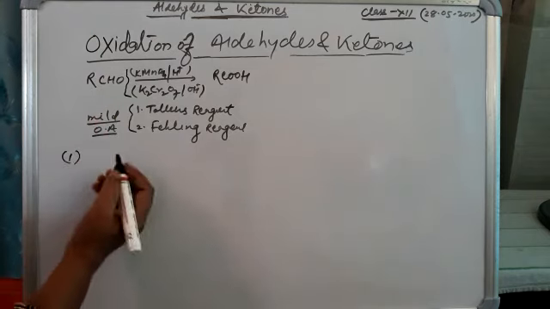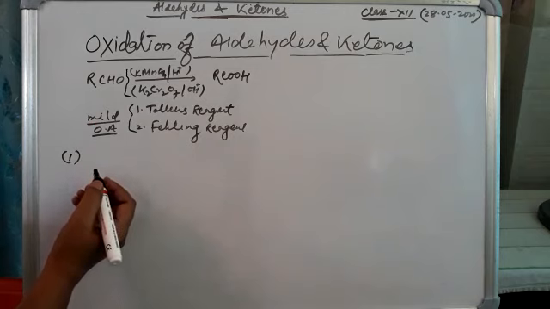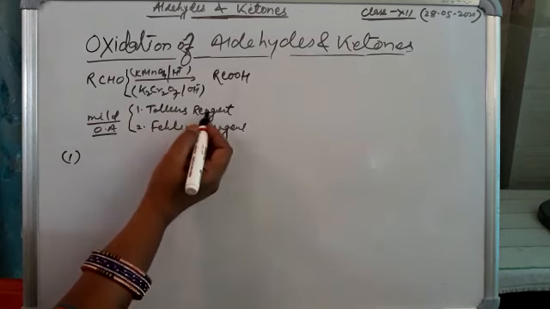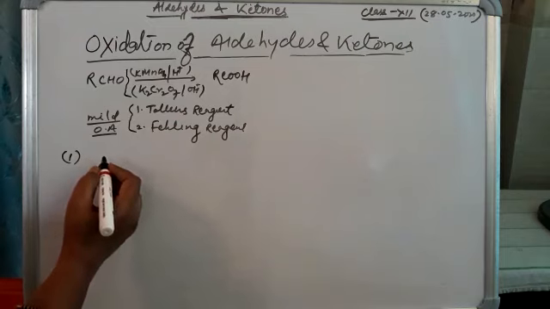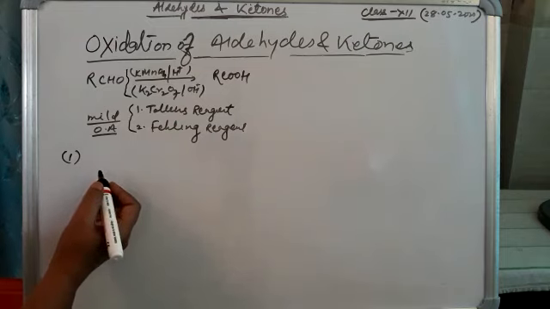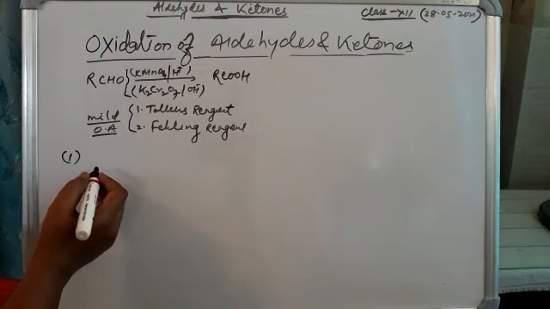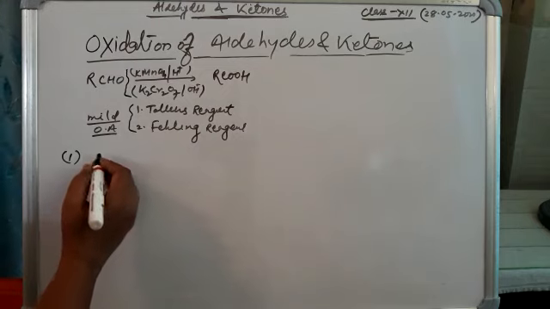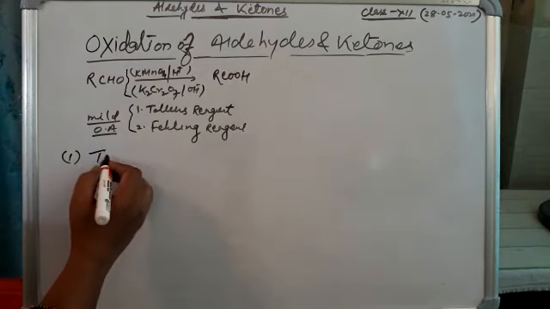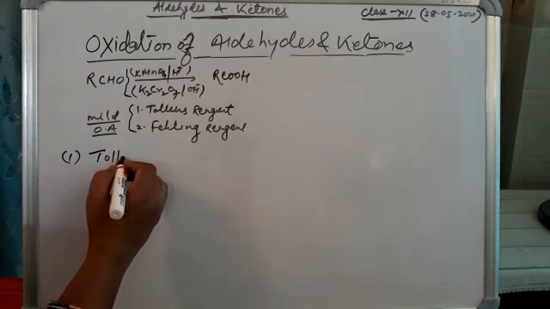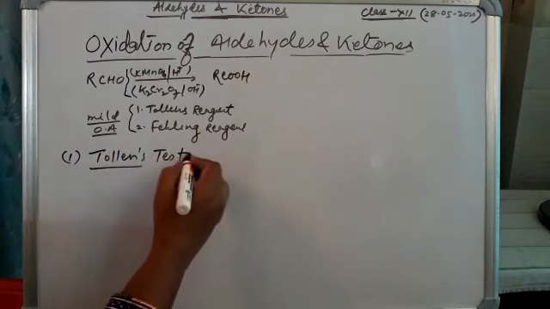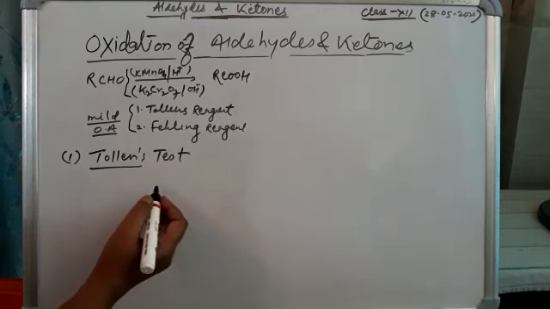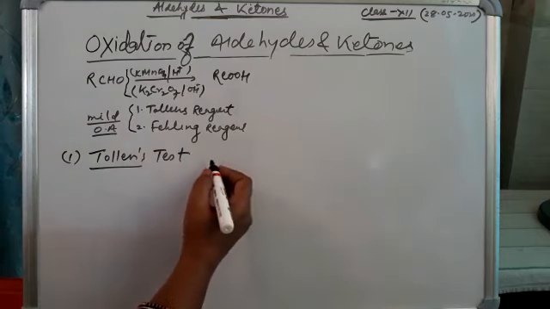At first, we will discuss the reaction of aldehyde with Tollens reagent. Tollens test. This test is used for distinguishing aldehyde and ketone. Aldehyde gives this test, but ketone does not give this test. At first, write down the Tollens test. What is Tollens reagent? This test is also known as silver mirror test.